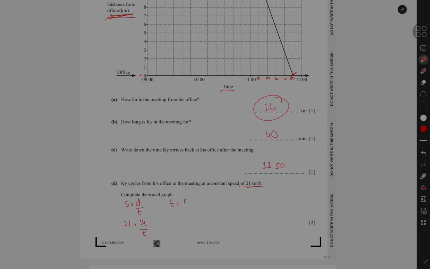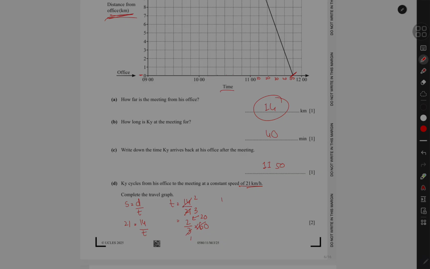So t is equal to 14 over 21. The time taken is 7 2s are 14, 7 3s are 21, 2/3 of an hour. So what is 2/3 of an hour in minutes? We can just multiply it by 60. 3 1s are 3, 3 2s are 6 and 0, and then multiply that by 2.